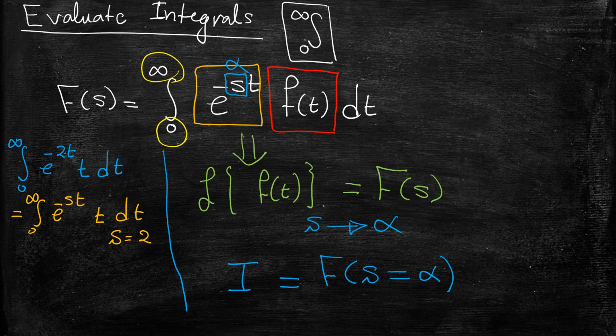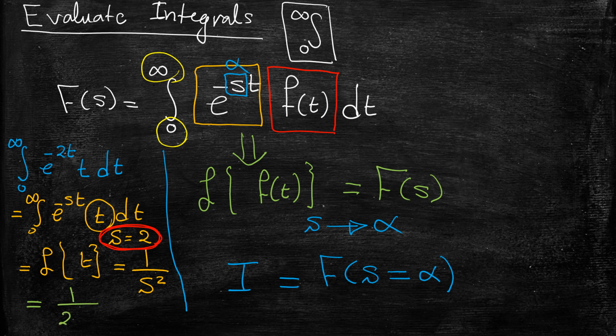What does this mean? It means we need to get the Laplace transform, yes, that's correct, just of t, which is 1 over s squared. But don't forget, each s here is equal to 2, so the final value of this one will be 1 over 2 squared, which is 1 over 4. So this integral will be equal to 1 over 4 without doing a real integration, just using the definition and the properties of the Laplace transform.